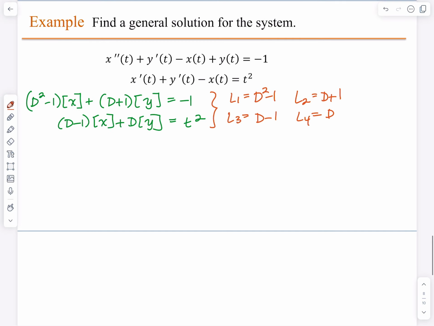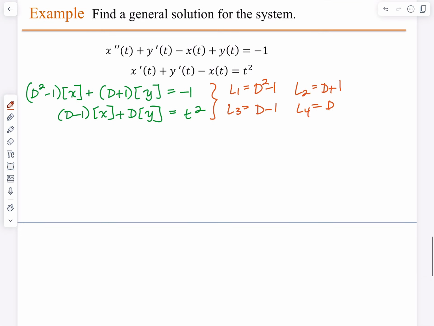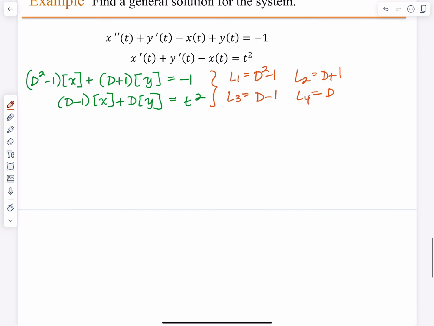So as you can see, we can rewrite those here. Let's go ahead and do that. So we have (L1 L4 minus L2 L3) of x is equal to L4 of F1 minus L2 of F2.